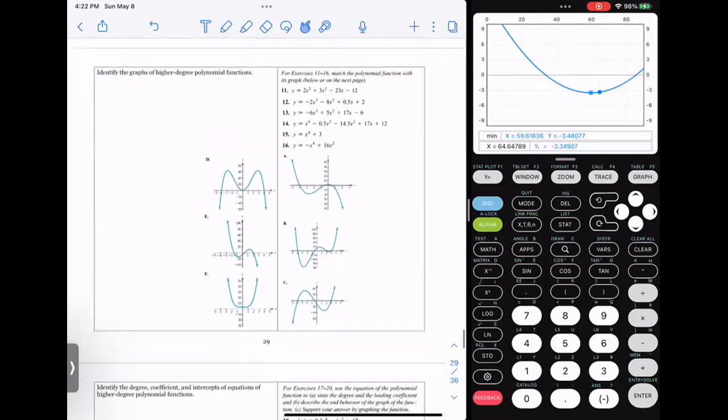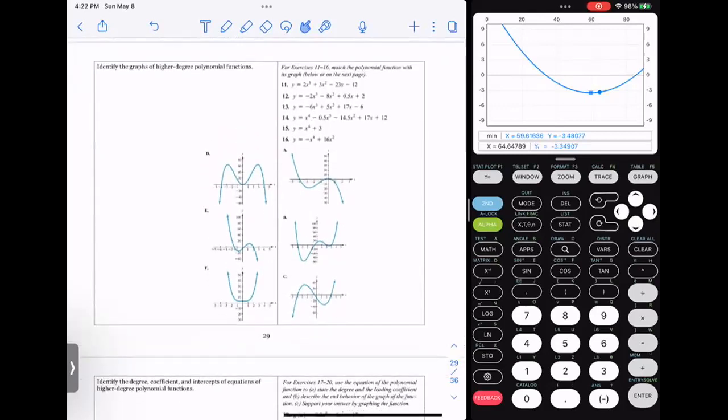Keep in mind, you might have to choose these without a calculator. Obviously, you can use a calculator to find which one's which.